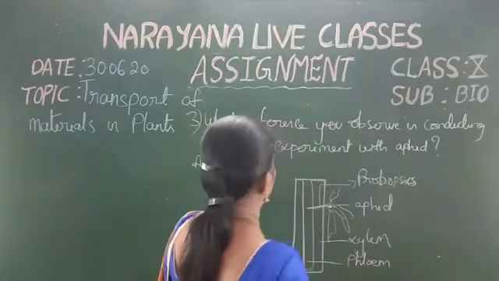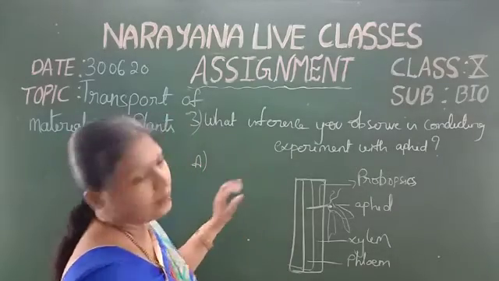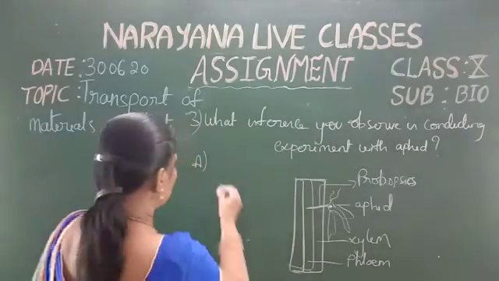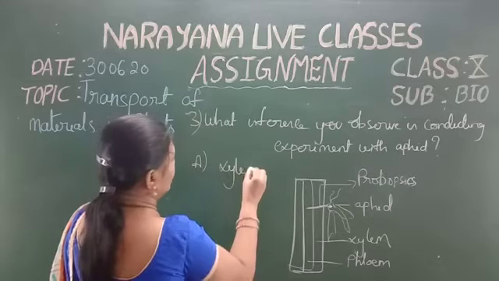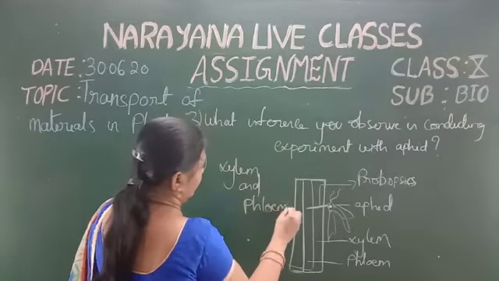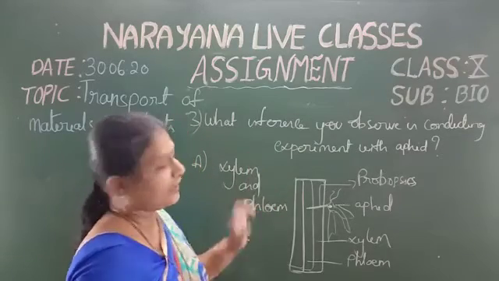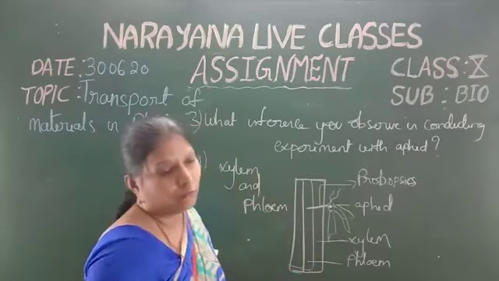The transportation of water and minerals in plants occurs through xylem and phloem. The biologists inferred that the transportation of food occurs through phloem.